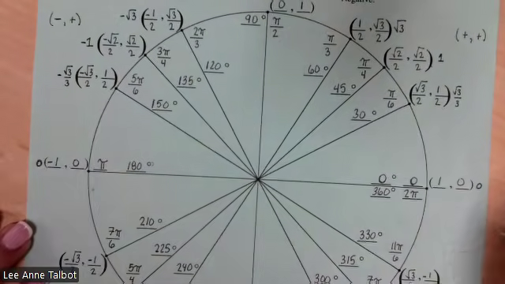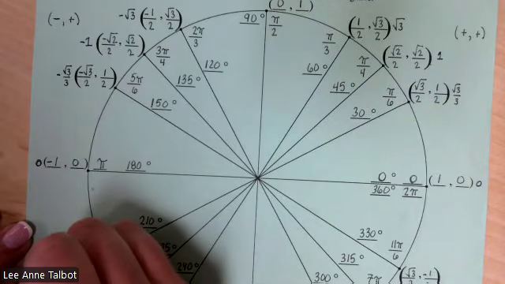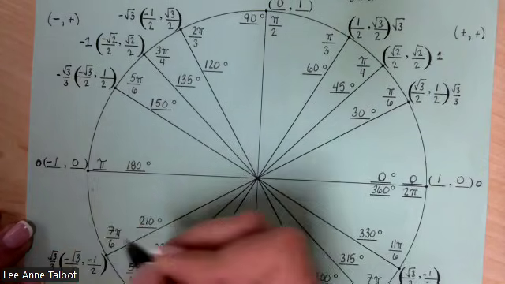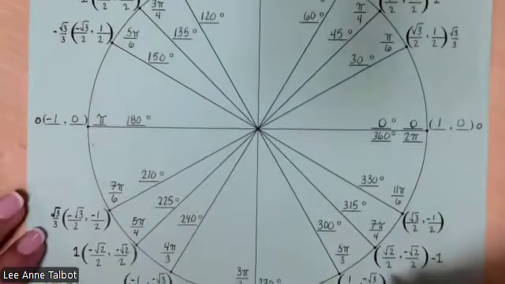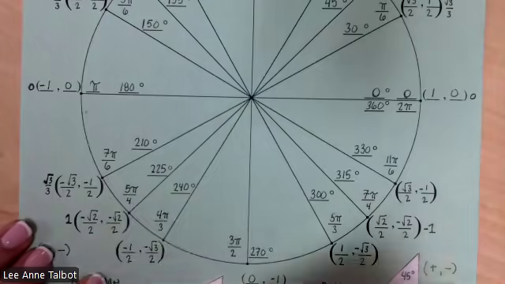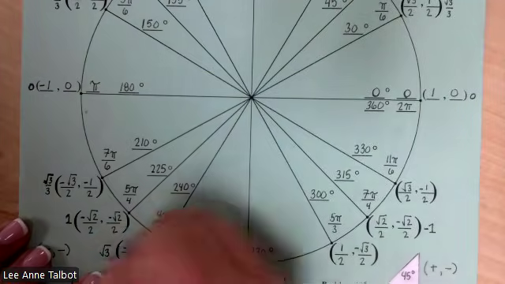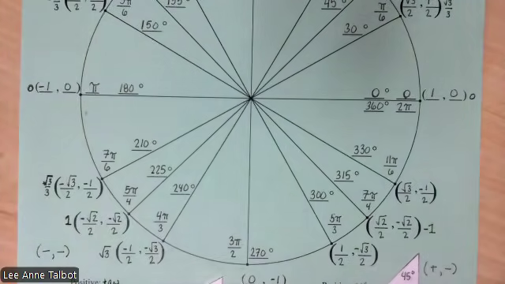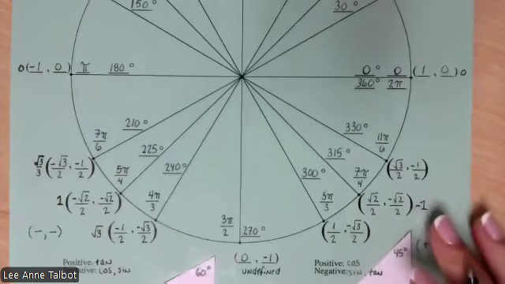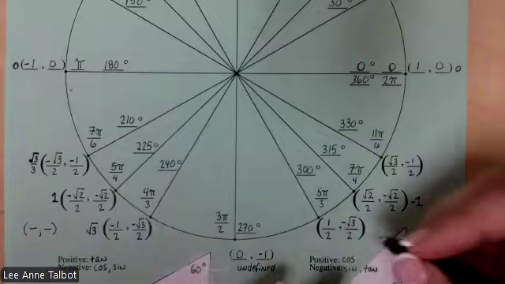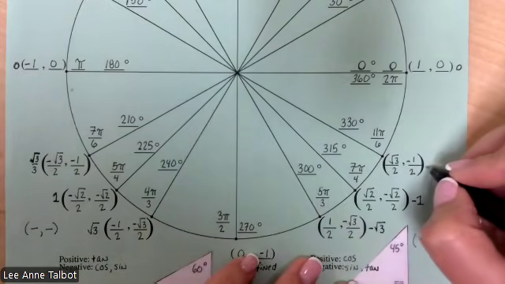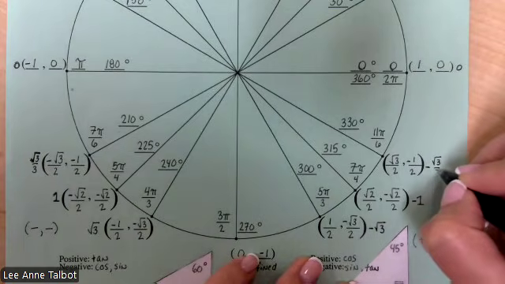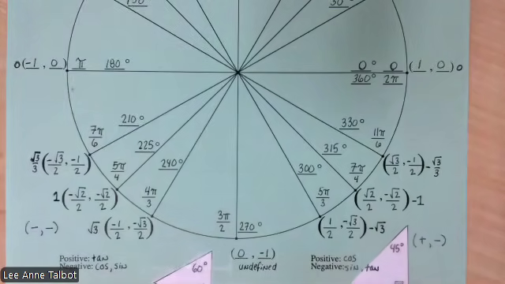Okay, so this one has to be positive root 3 over 3. Positive 1. Positive root 3. Negative root 3. Negative root 3 over 3.